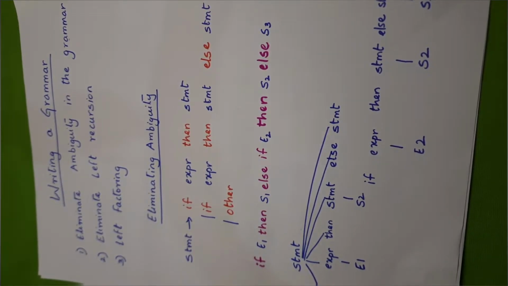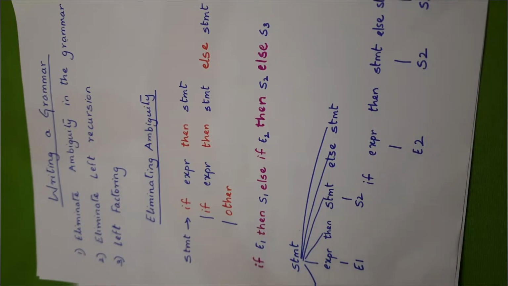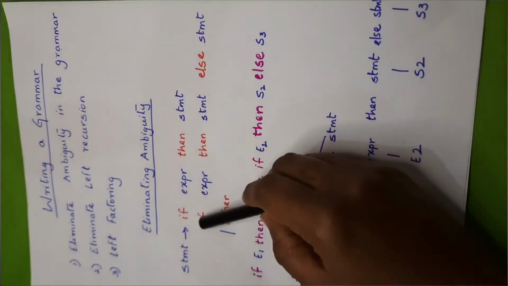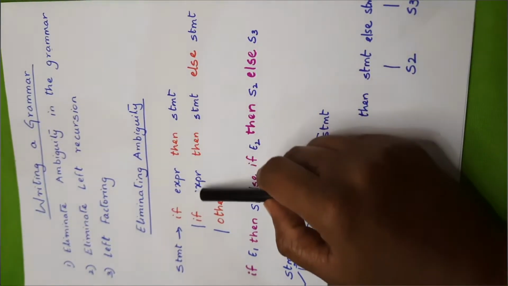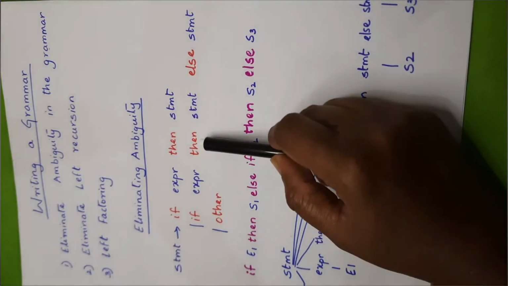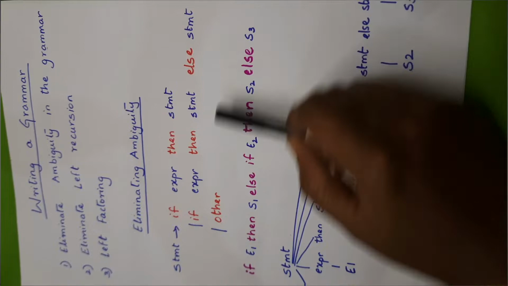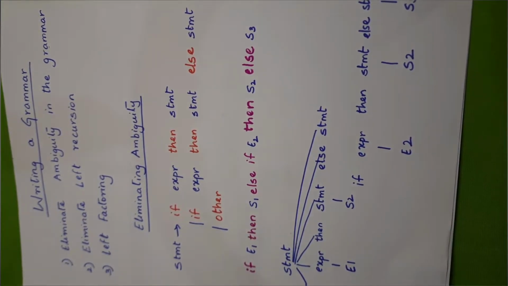Usually every programming language contains two kinds of if-else statement. One is the simple if, which does not have else, and the other is the if with the else. The first one is if expression then statement, then we have if expression then statement else statement. Other can be any other statement apart from the if-else statement.